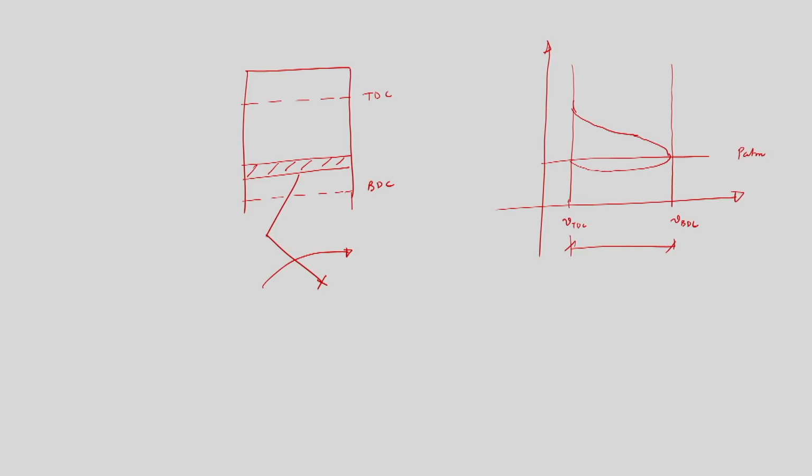The next stroke is the power stroke. Again the piston will come from TDC to BDC, and at the same time the pressure will fall, but it will still be higher than atmospheric pressure.